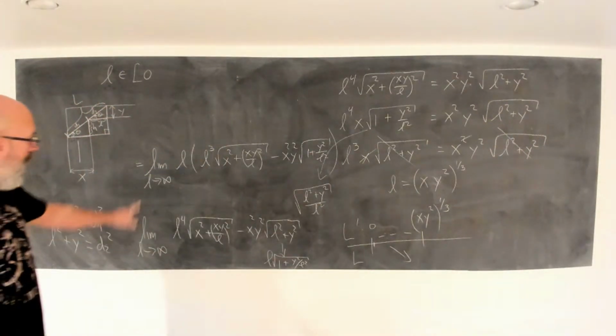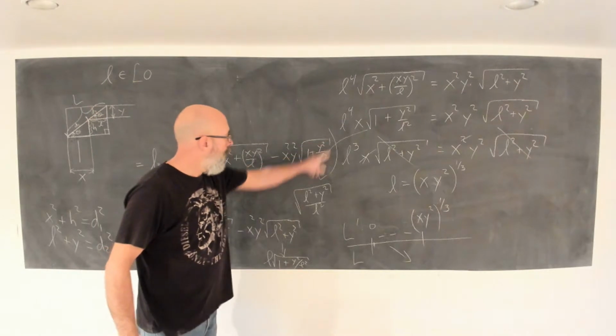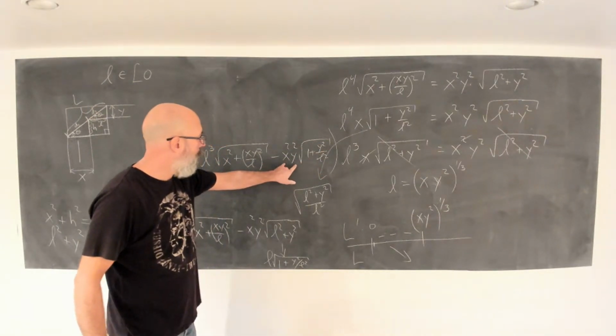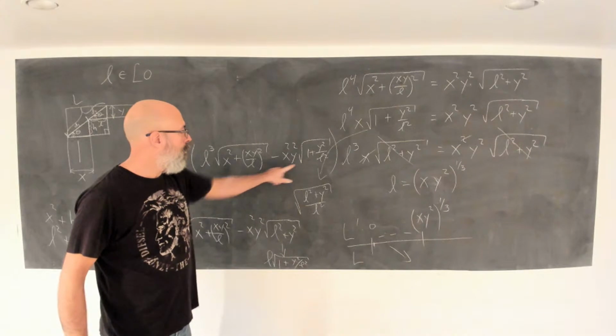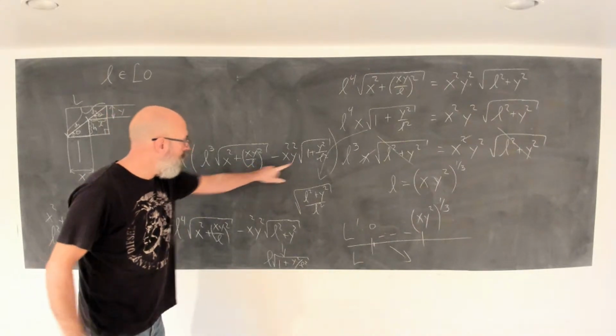And as L goes to infinity, this goes to 0, so that goes to 1. So this whole thing goes to x squared plus y squared, x squared times y squared.